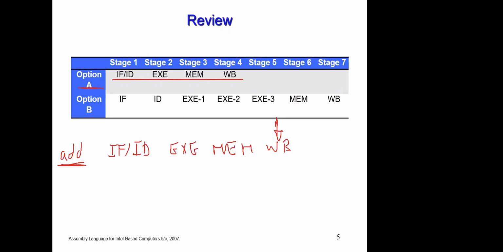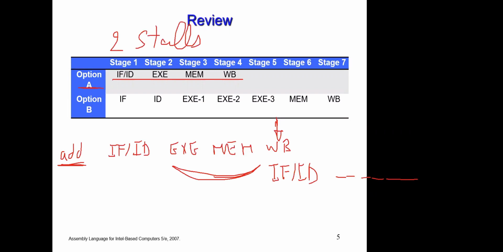And since the IF/ID are in the same exact stage, I will align the IF/ID with this, and then the same thing exactly here. How many stalls do I need here? 2, yes? 2 stalls. So basically with option A, I will have 2 stalls if I have an AND.